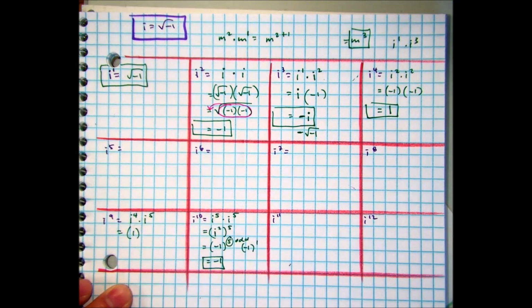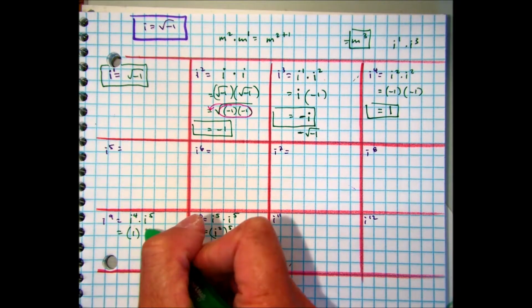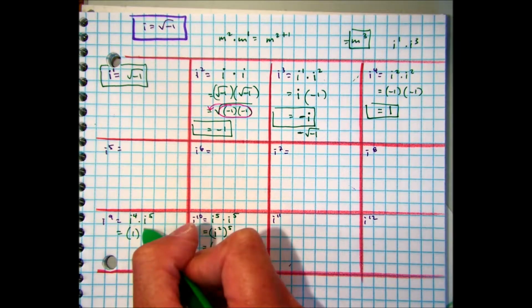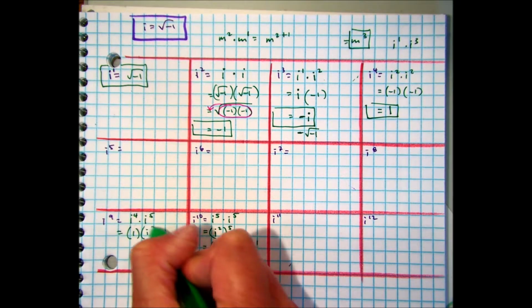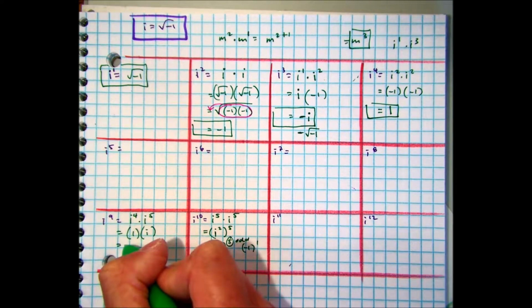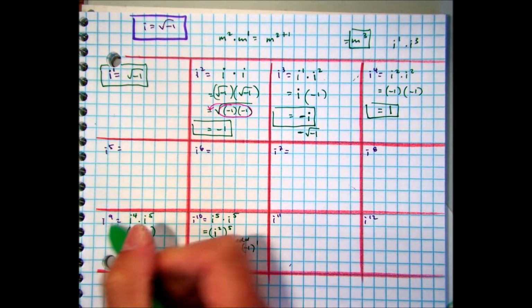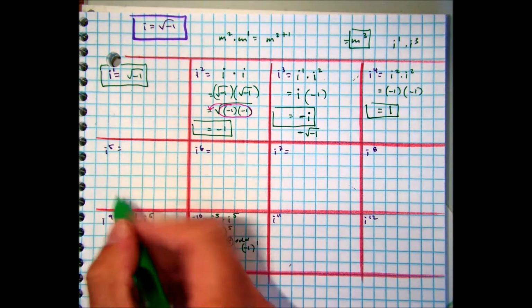And i to the 5th power? What did you get? Square root of negative 1. Or we can just leave it as i. Your answer is just i, or square root of -1.